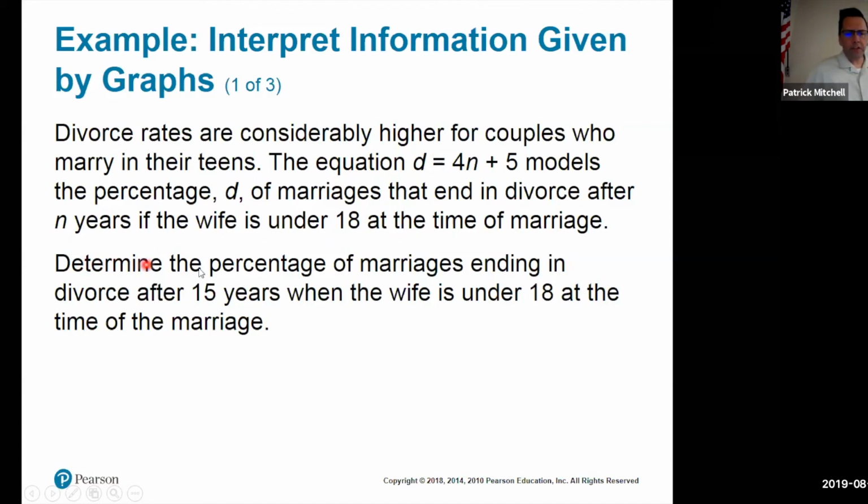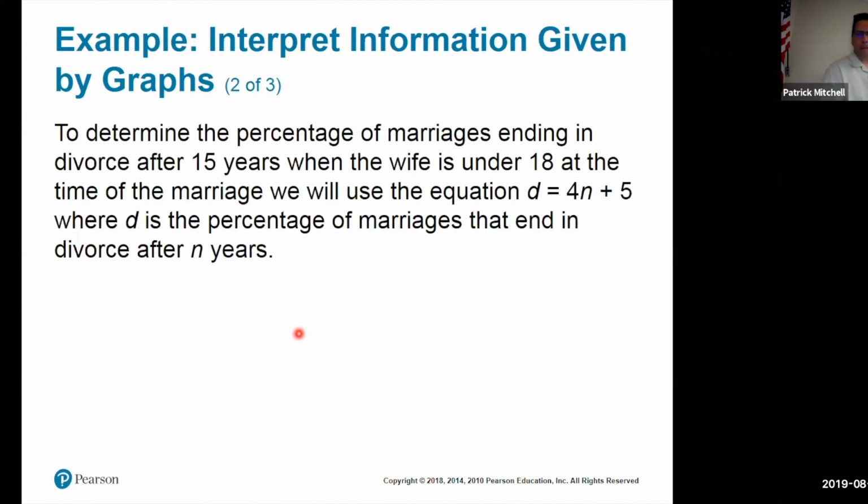And they want me to determine the percentage of marriages ending in divorce after 15 years when the wife is under 18 at the time of the marriage. So that is a pretty easy problem once you translate all the words into what you're actually supposed to do, which is usually the hard part of any word problem.